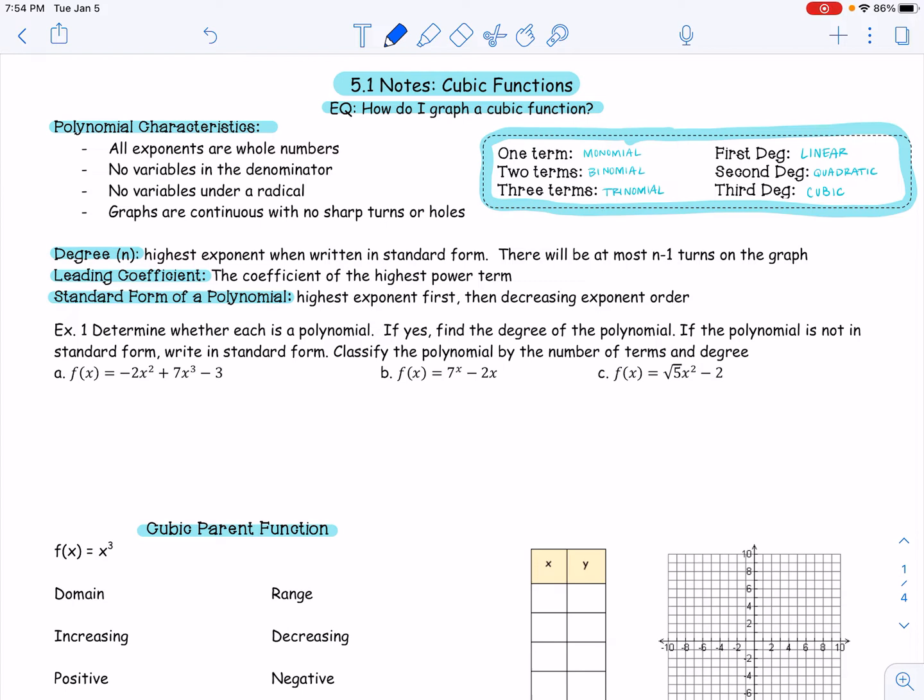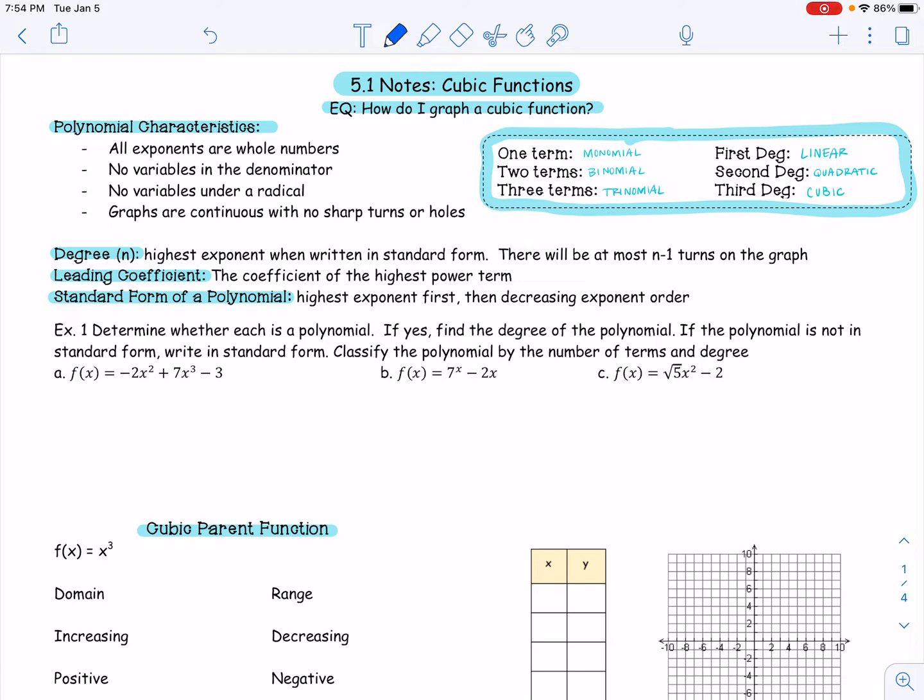When we're dealing with polynomials, all of our exponents are going to be whole numbers. They're not going to have fractions. They're not going to have variables as exponents. It's going to be either x to the first, second, third, fourth, fifth, sixth, so on and so forth. All whole numbers for exponents. There will also be no variables in the denominator.